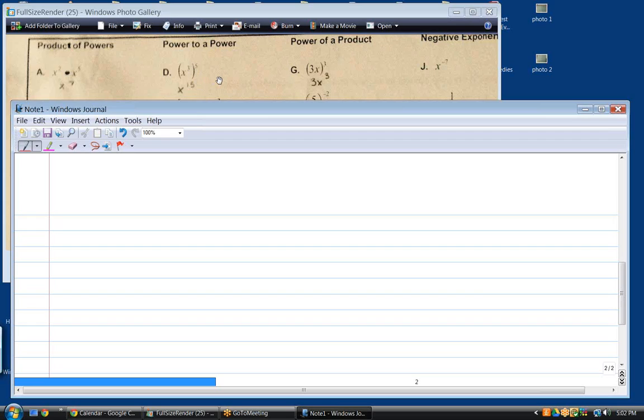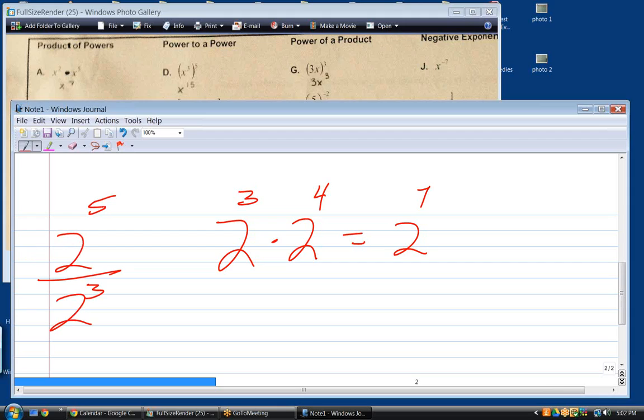One way that I think about that is if I am multiplying, I am going to do one level less, addition. If I am dividing, I am going to do one level less, which is subtraction.